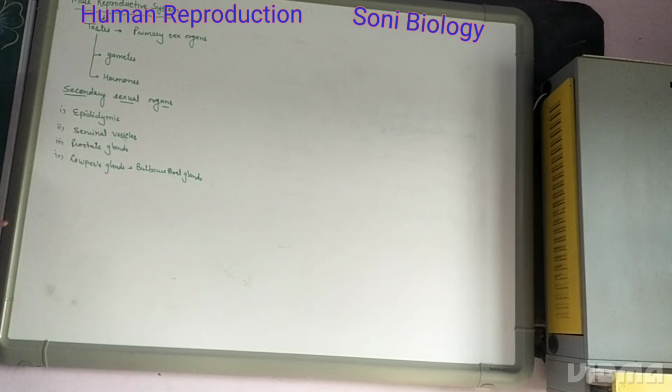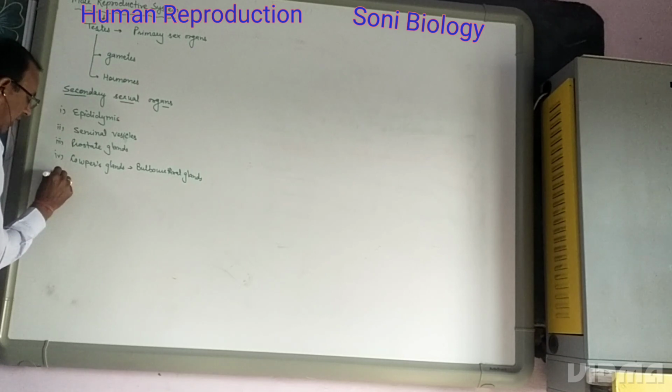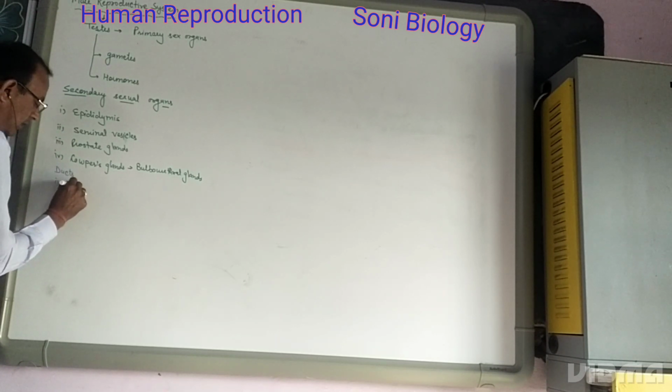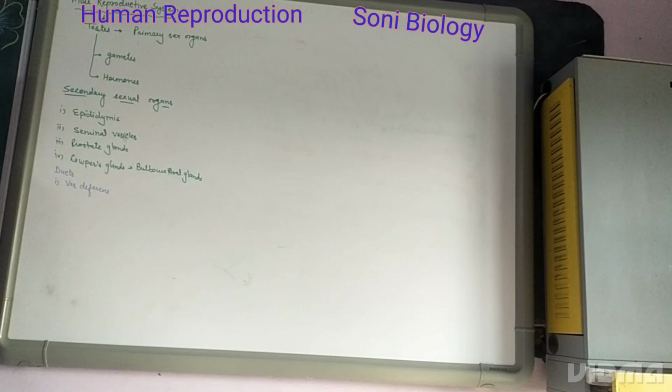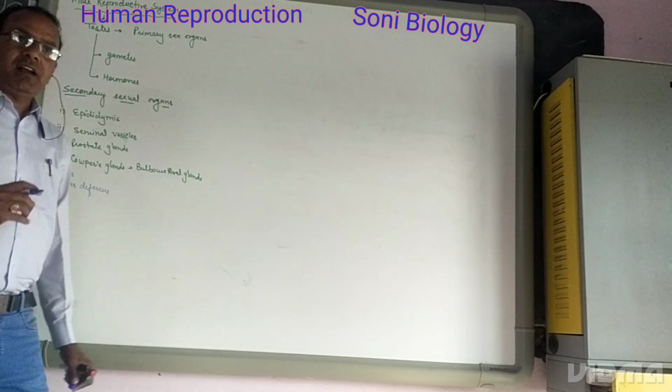These are the secondary sex organs, and there are some ducts also present in them. Those ducts are the vas deferens and the urinogenital duct.